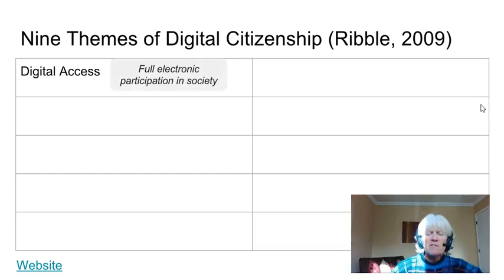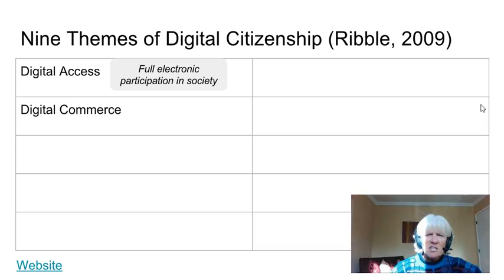Digital access, the way Ribble has defined it, is full electronic participation in society. That includes multiple topics of interest to me in particular, equity, both in terms of race, gender, and other kinds of topics. So that's actually what we're going to look at in the first couple weeks of the class.